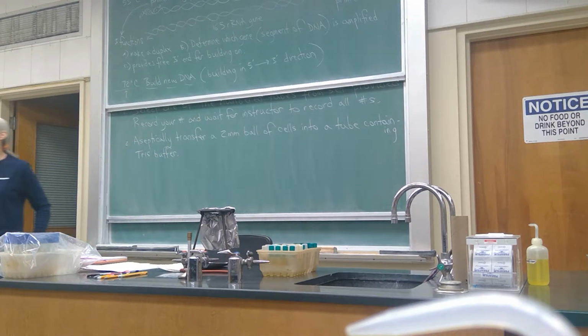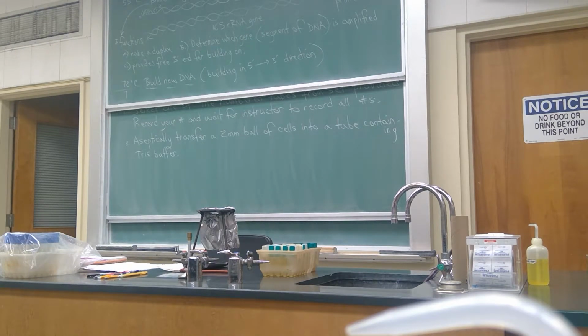Transfer a 2 millimeter ball of cells into a tube containing tris buffer. Our tris buffer is in this green box, and the tubes that you should use are the ones that don't have any markings on the top. There are some tubes in here that have numbers on the top. Please don't use them because you're going to put your number on the top.